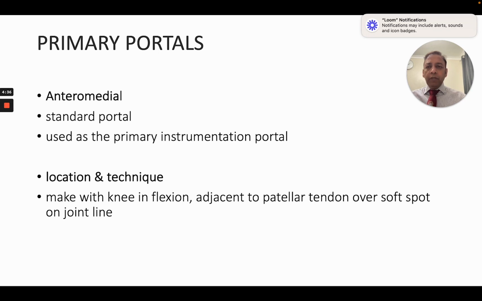The next portal is the anteromedial portal, which is used primarily for instrumentation, and again this portal is done in the flexed position of the knee. You have to palpate the soft spot over the medial aspect of the patellar tendon on the joint line.